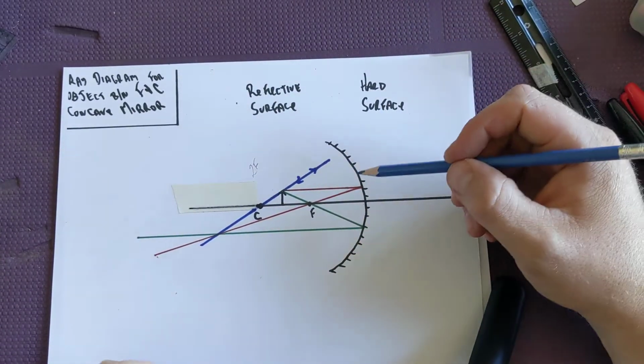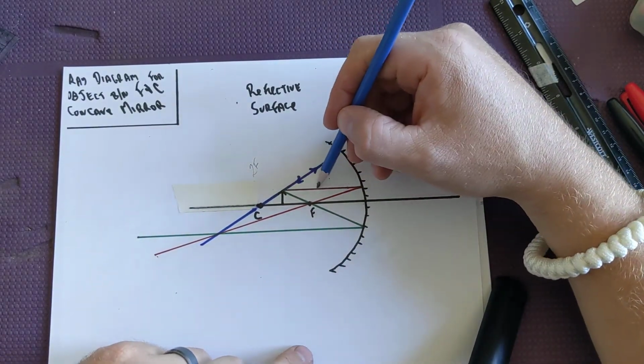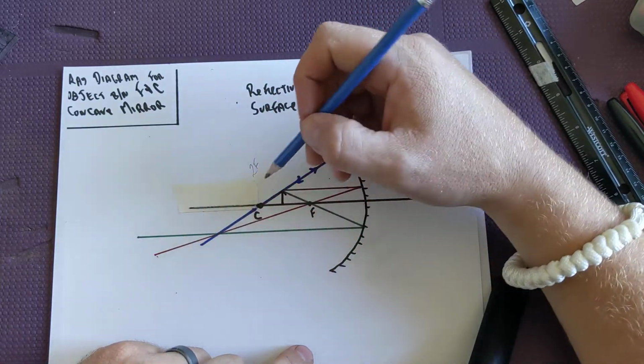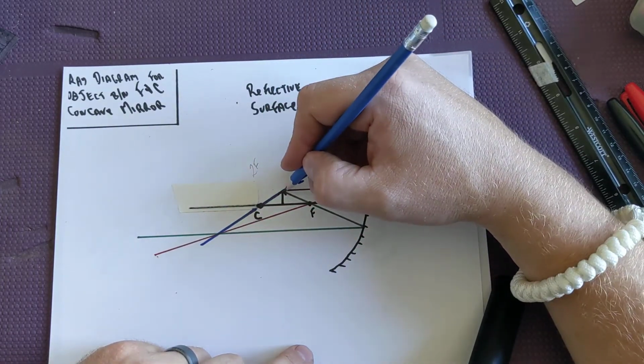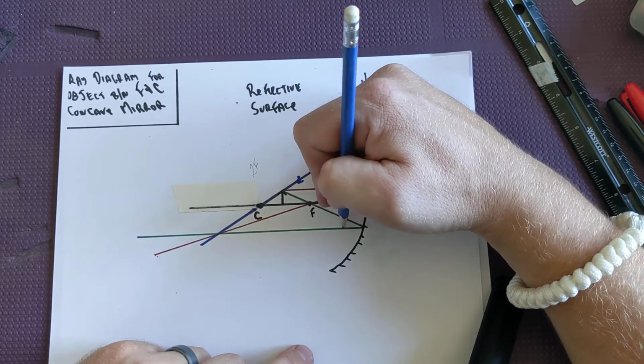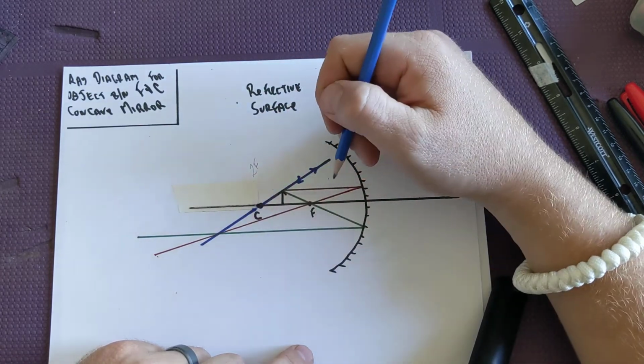Now, to get back to the story though, if you'll notice, the first ray in red hits the mirror and travels back through the focal point. The next ray travels through the focal point to the mirror and passes back parallel along the principal axis.